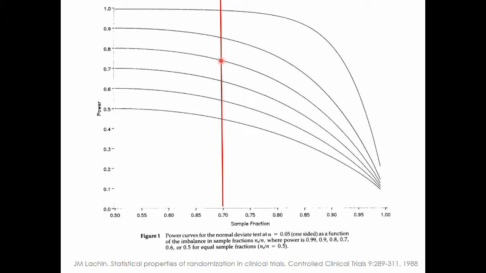Right? 70% of the observations fall in one group compared to the other. And then it starts to dip off more out here. So the point I'm trying to make here is that the imbalance thing is real. We want to take it seriously, but it takes kind of substantial imbalances to really have a substantial impact on your trial. And so what's the way to fix this?